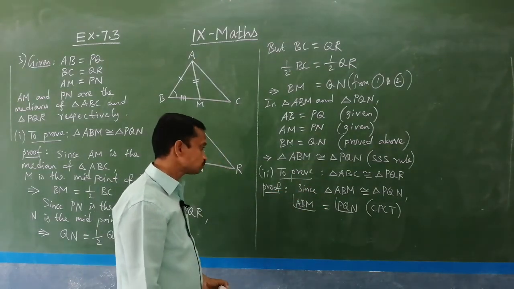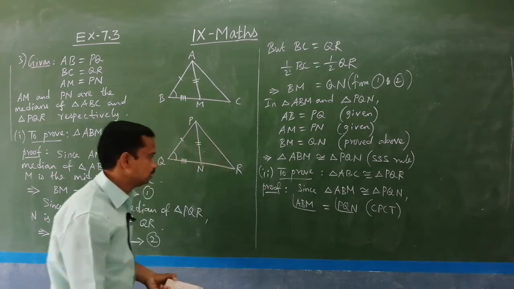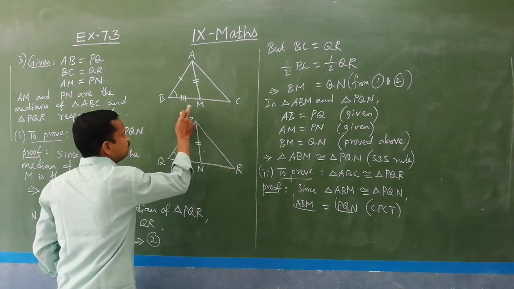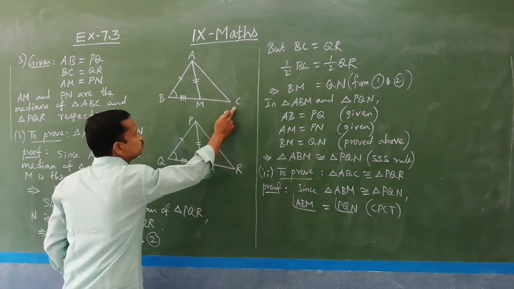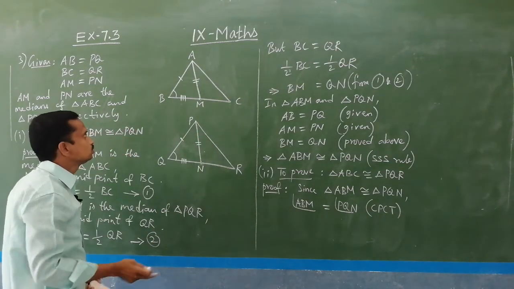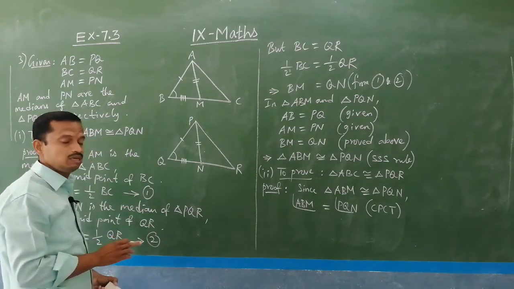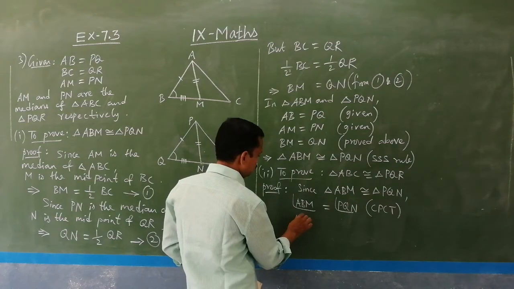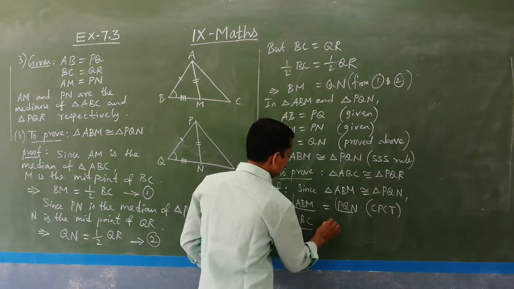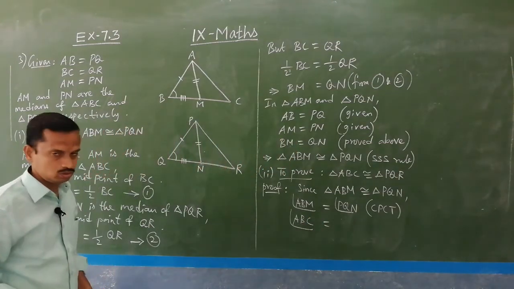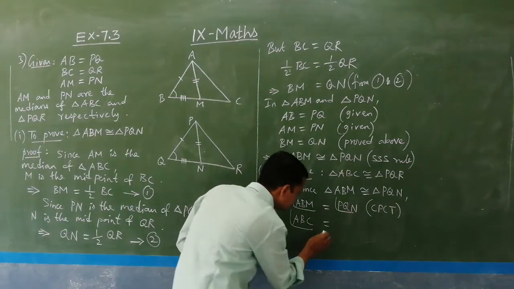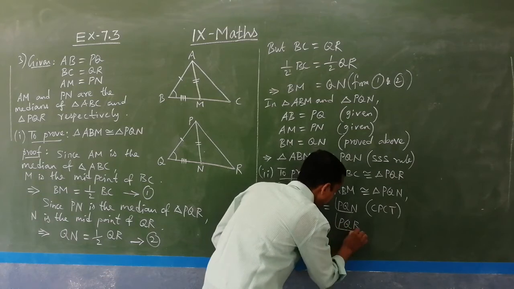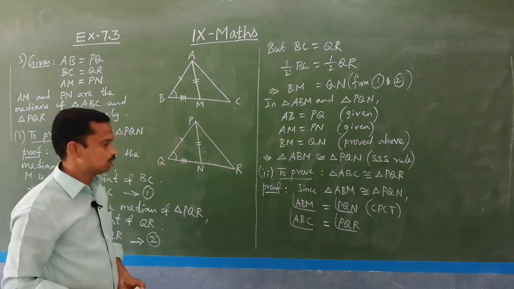And now angle ABM we can name as ABC, because BM is just extended up to C. Am I right? So nothing is wrong there. So angle ABC is equal to angle PQN, and in the same way we can write PQR. Okay, these two angles are equal.